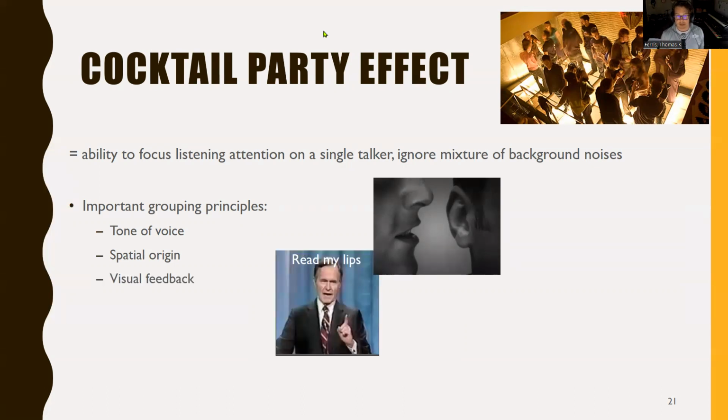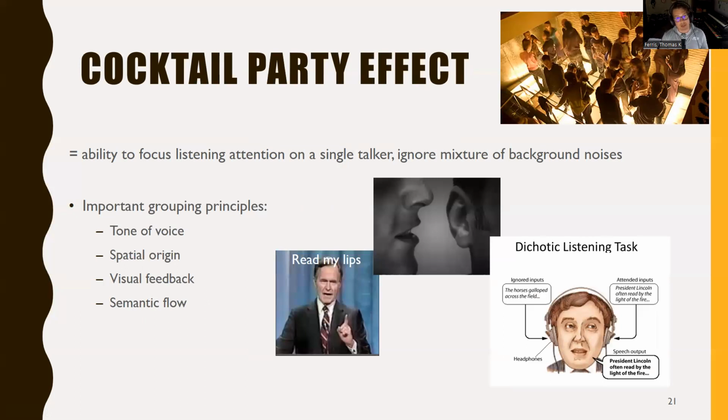Visual feedback helps a lot. So if you hide my video right now and just listen to me talking, you're not going to get as much out of the auditory processing as if you can also see the additional cues of my mouth moving. It helps disambiguate words and things like that.